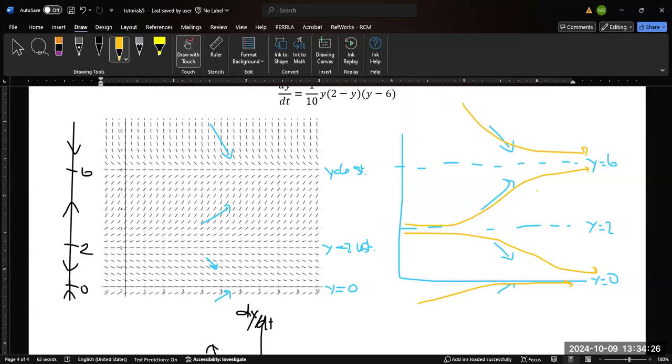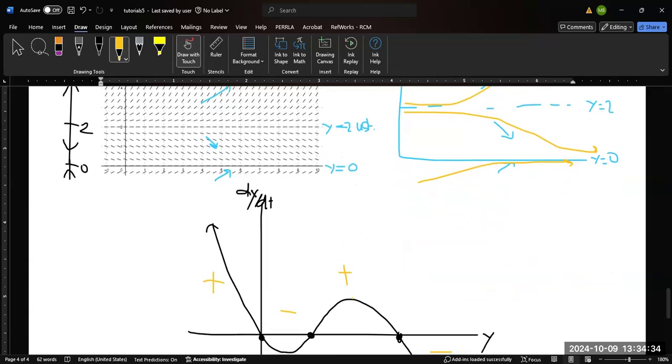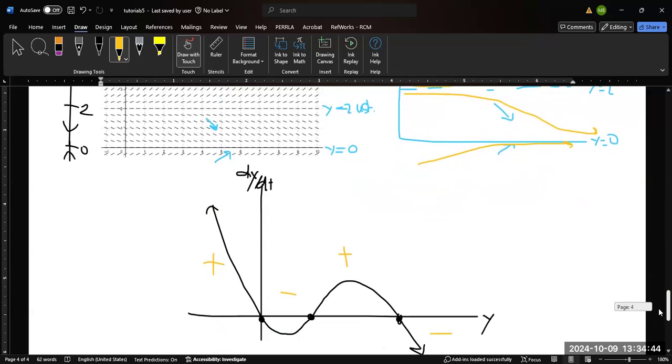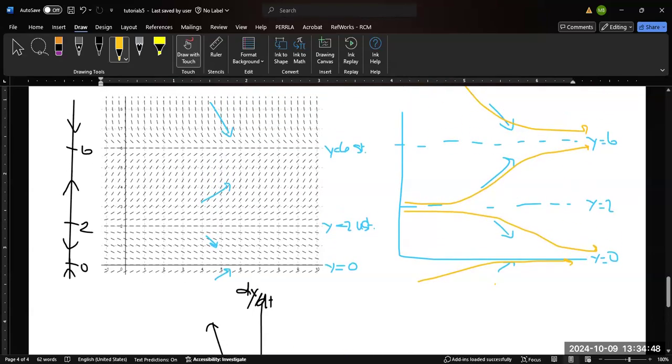Now, sometimes it can be a little confusing because you're reading one graph representing the differential equation in one format, and everything is on its side, relatively speaking, in the direction field. It's very easy to read left to right on this graph and accidentally read, instead of bottom to top, top to bottom, and get the signs backwards.